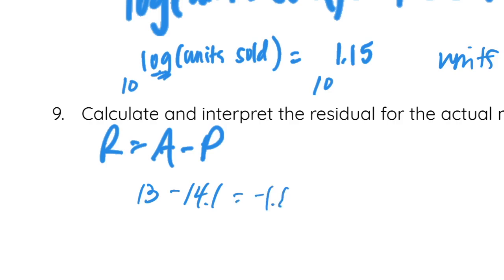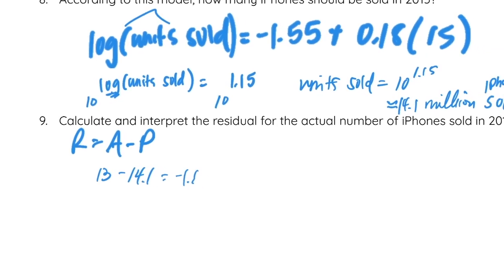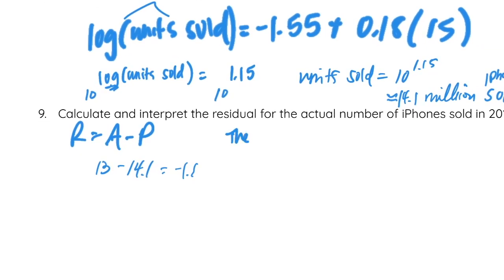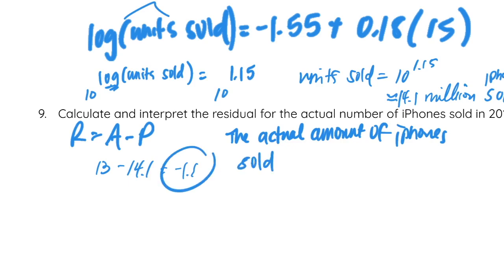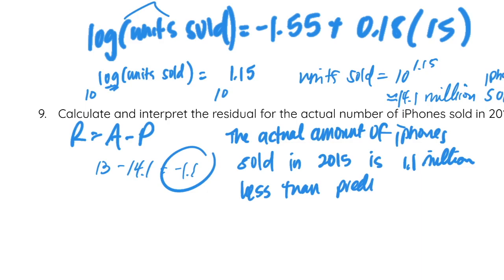So that means that the actual amount of iPhones sold in 2015 is 1.1 million less than predicted. Okay.